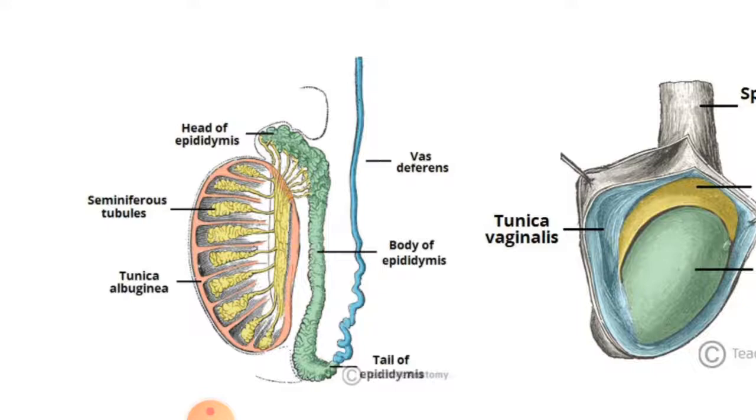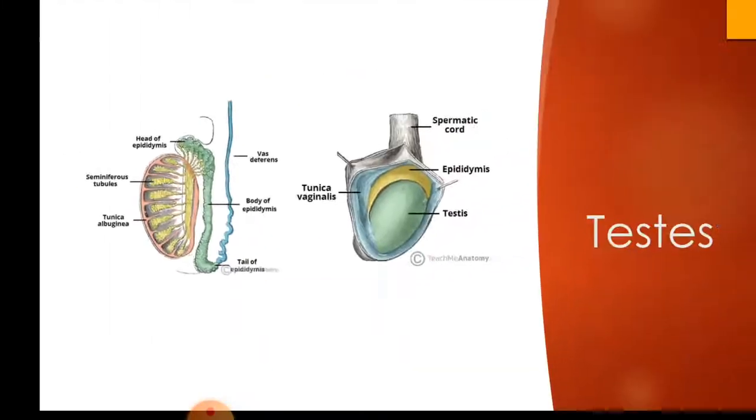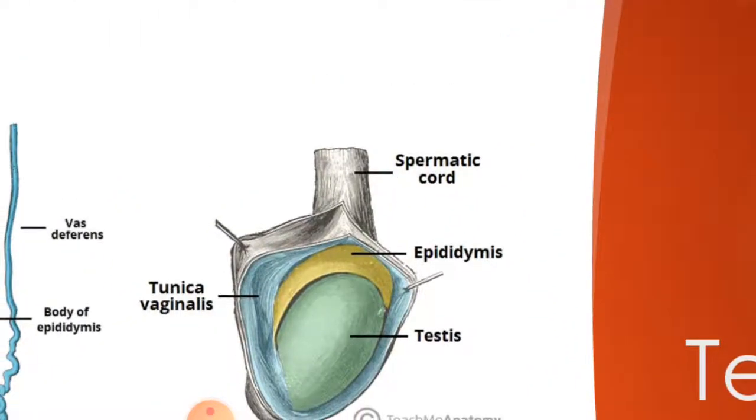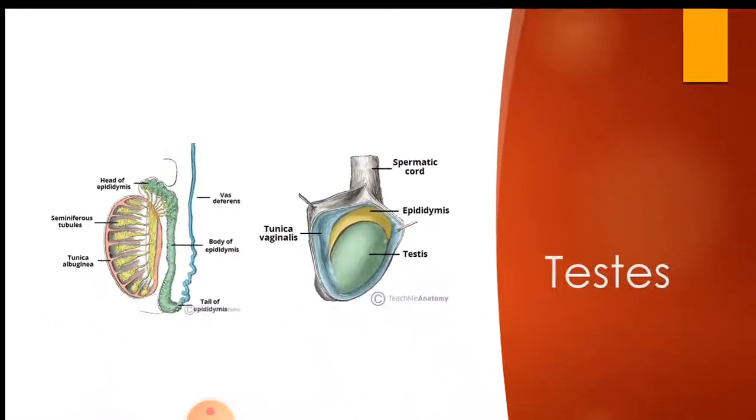Next, the blood and the lymph vessels will pass to the testes in the spermatic cord that we have discussed in the previous slides, and this is the spermatic cord here. The internal structure of the spermatic cord is not shown, but just remember that the blood supply to the testes will be through the spermatic cord.